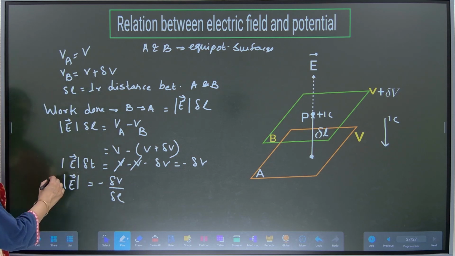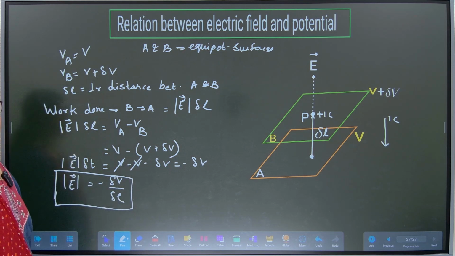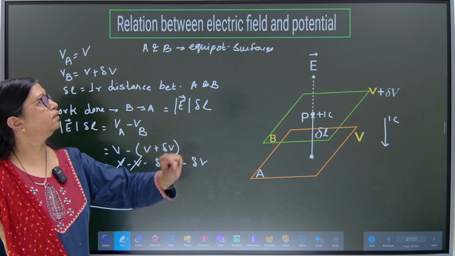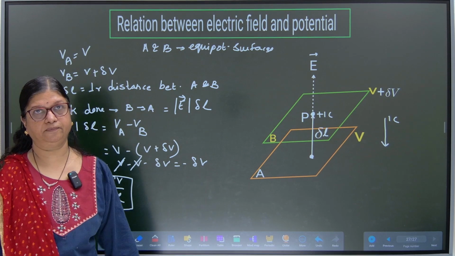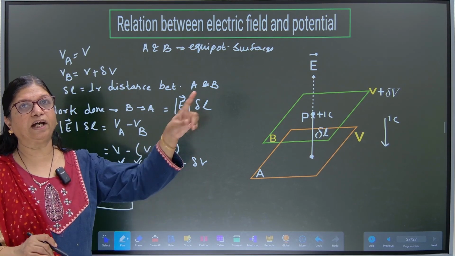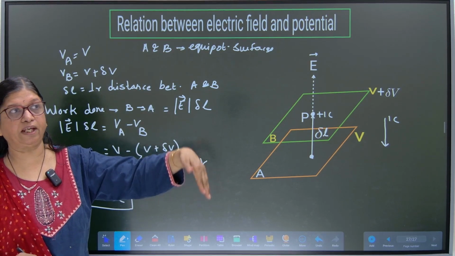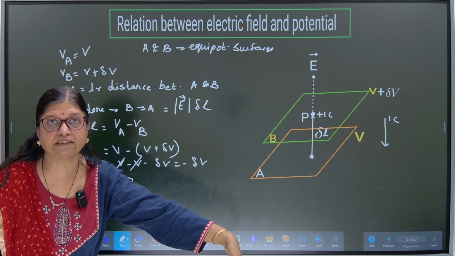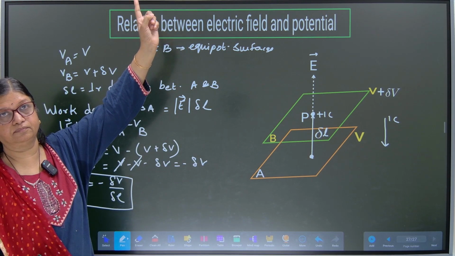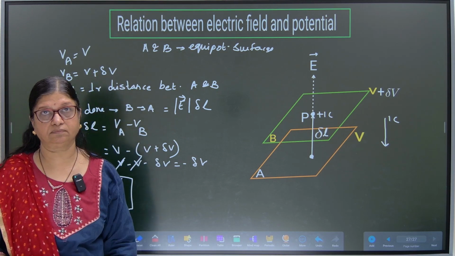This is the relation between the electric field and the electric potential. When we shift a charge from one equipotential surface to another equipotential surface in the direction of the decreasing potential against the electric field, we will come to 2 points, conclusion.